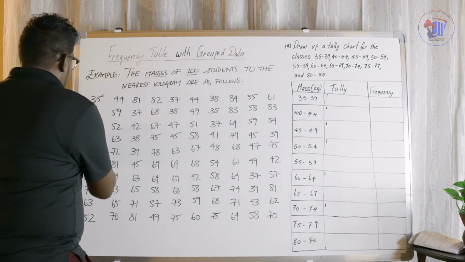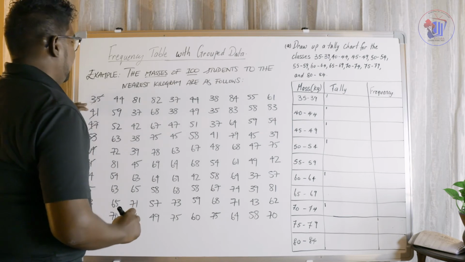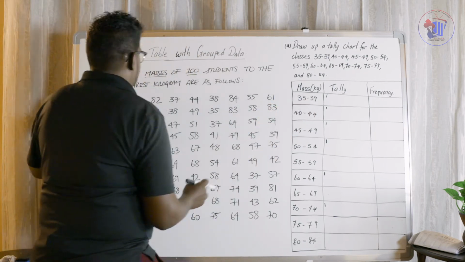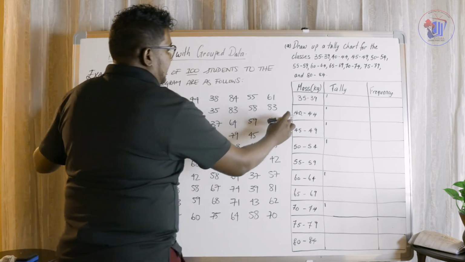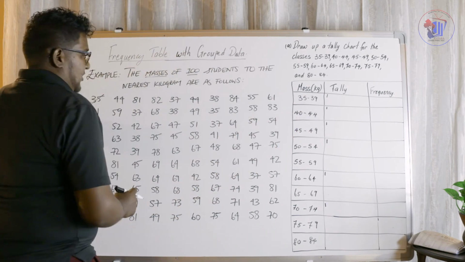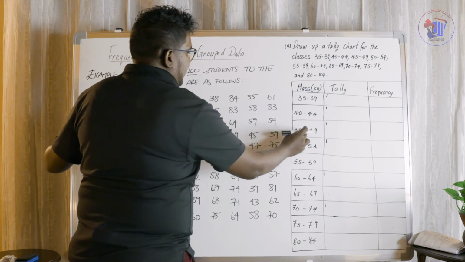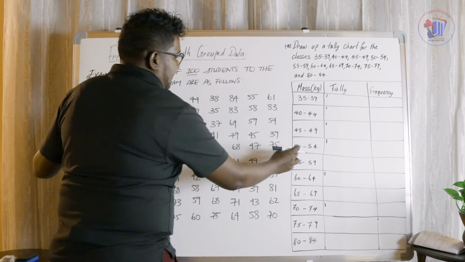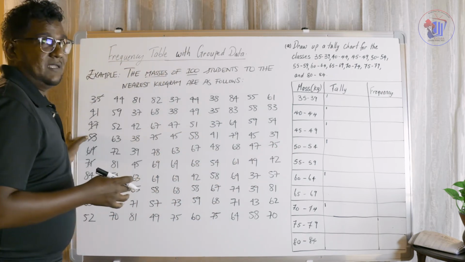So what you should notice is that we have the individual numbers. So 35 is going to fall between the range 35 to 39. 41 is between 40 to 44. 47 is between 45 to 49. 53 is between 50 to 54, and that's how you place them, right?